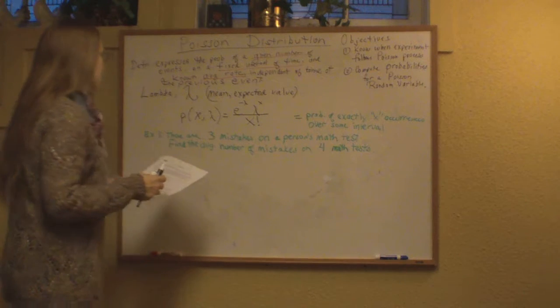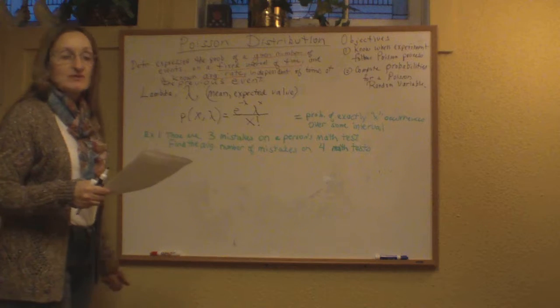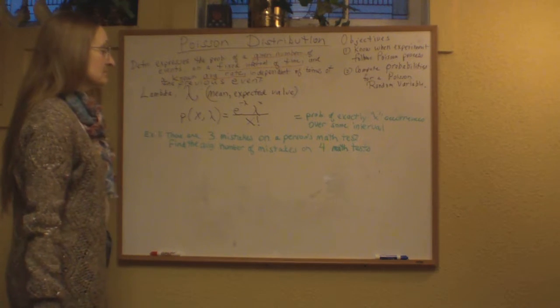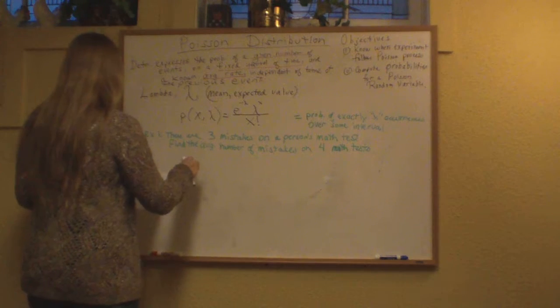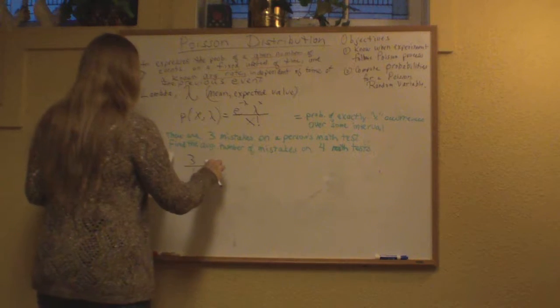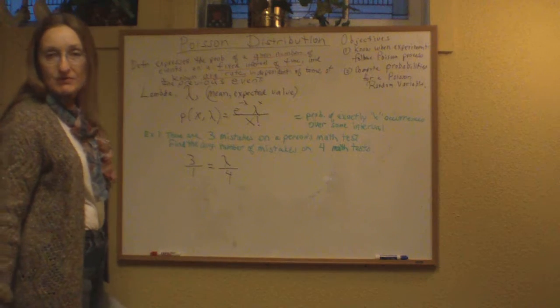So for example, here's a use of this problem. Say there are 3 mistakes on a person's math test. So we want to find the average number of mistakes on 4 math tests. So here's what you do. You have 3 mistakes to 1 test equals lambda over 4. So you essentially set up a proportion.